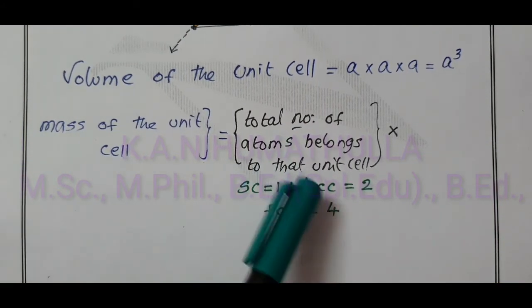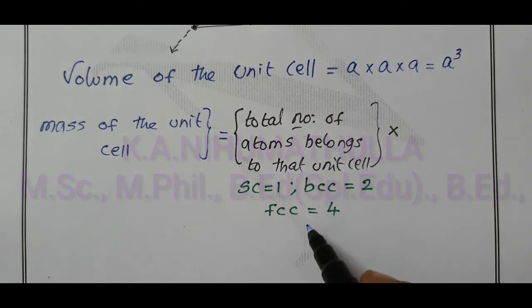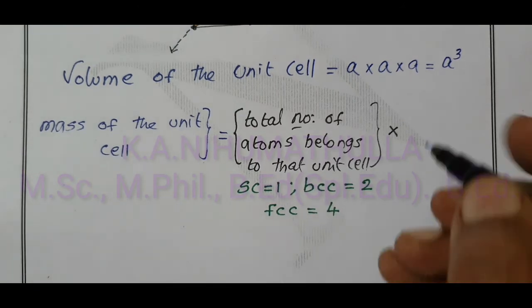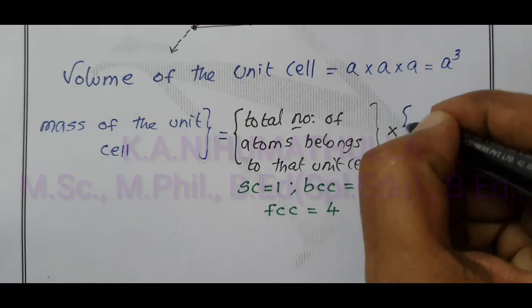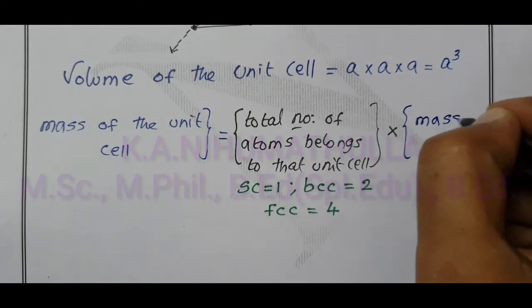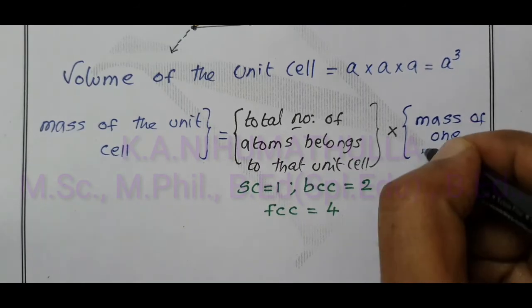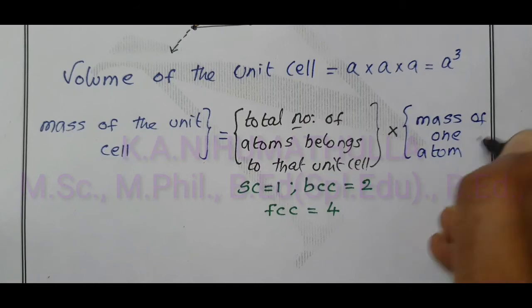So, total number of atoms can be determined whether it is simple cubic or body centered cubic or face centered cubic. And the other is mass of one atom. This is a new word for you.